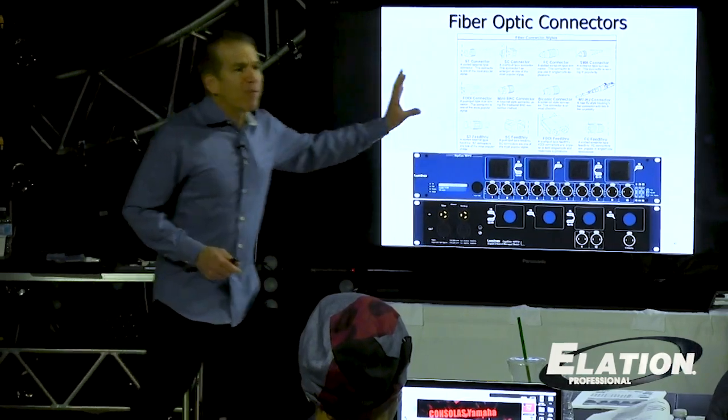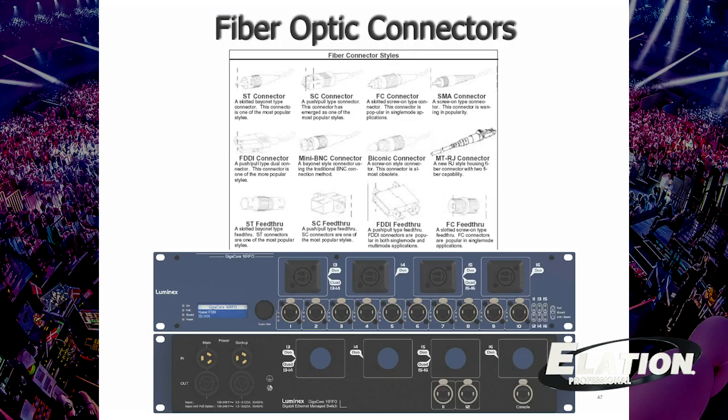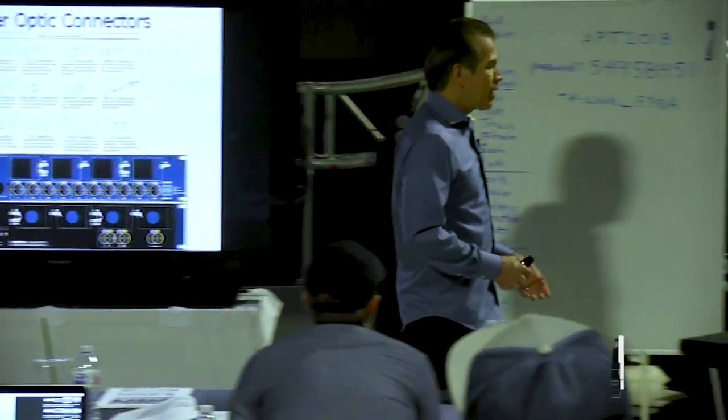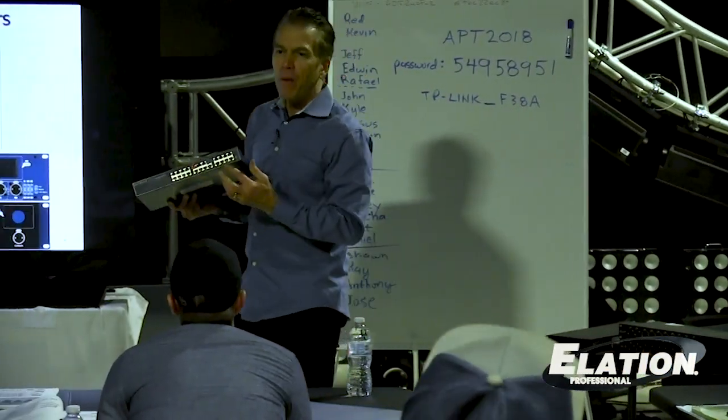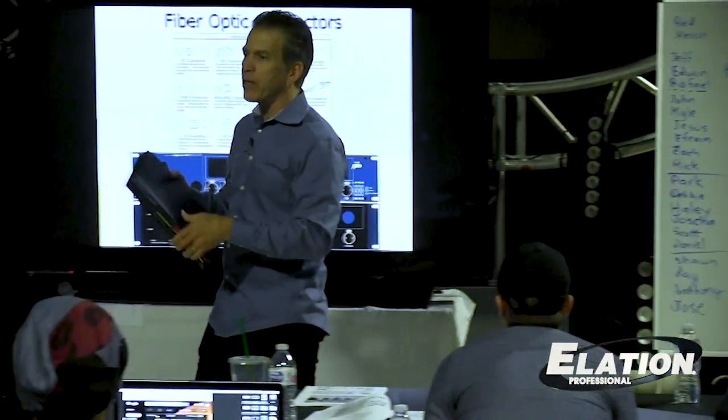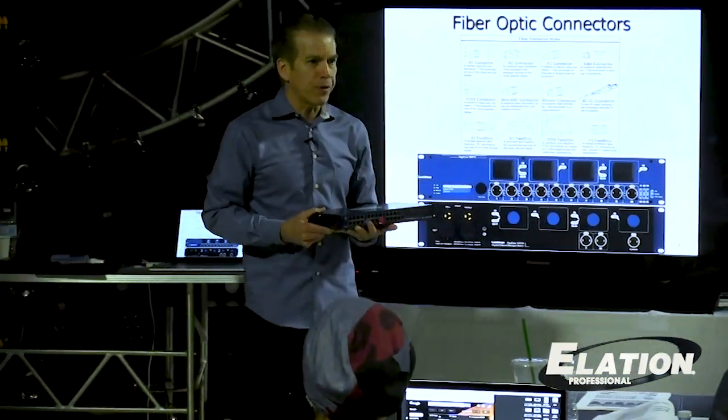There's lots of different fiber connector types, and at first I started trying to list them all, and I quickly realized that there are far too many to list. But the bottom line is that the way you generate a fiber signal is you have a switch. Now this switch right here, for example, only has copper ports, only has RJ45 ports.